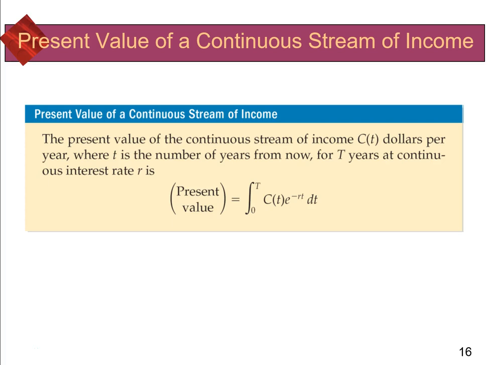You're going to put your rate of income in there, and then you're going to multiply by e to the negative rt times dt. It's basically a lot of plugging and chugging.